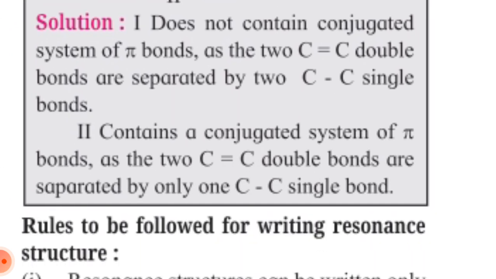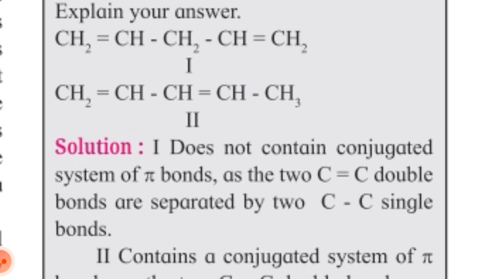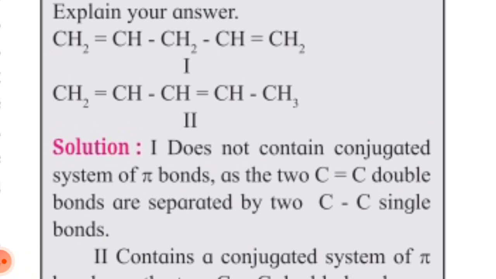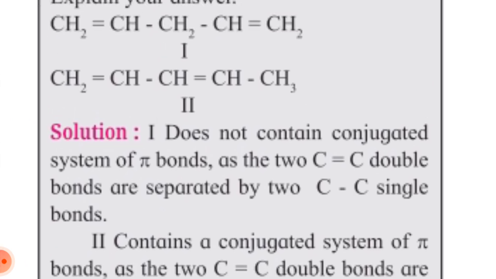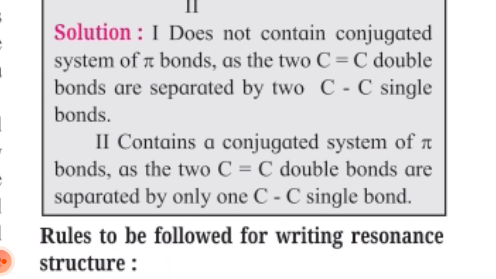Solution. 1 does not contain a conjugated system of pi bonds as the two C=C double bonds are separated by 2 carbon-carbon single bonds. 2 contains a conjugated system of pi bonds as the two C=C double bonds are separated by only one carbon-carbon single bond.